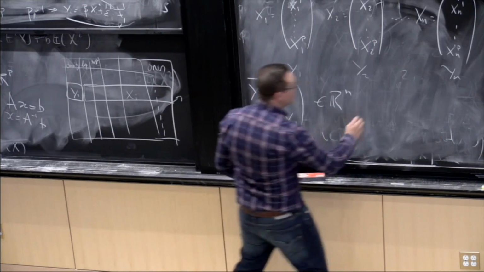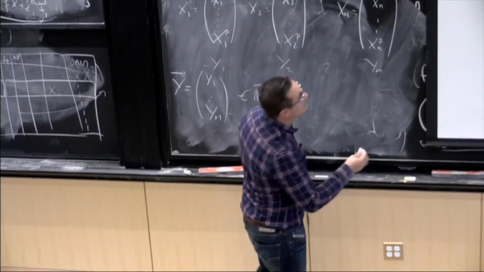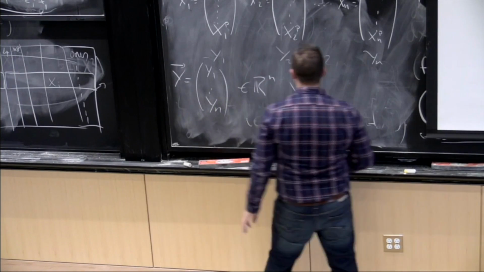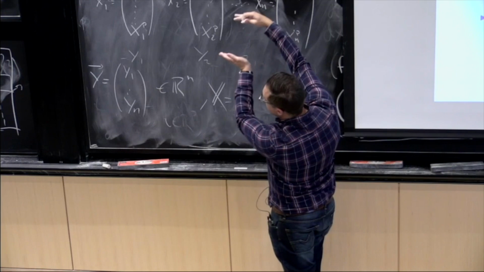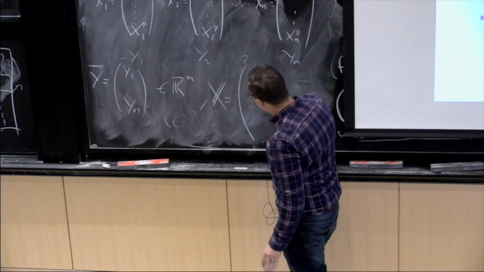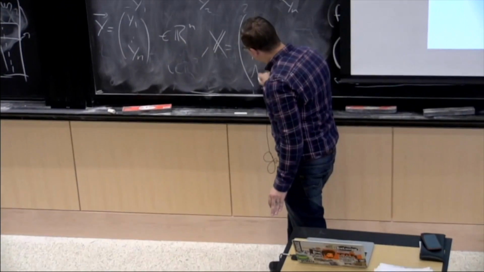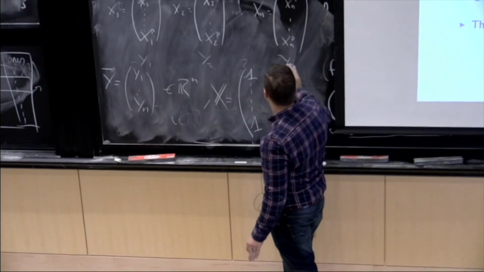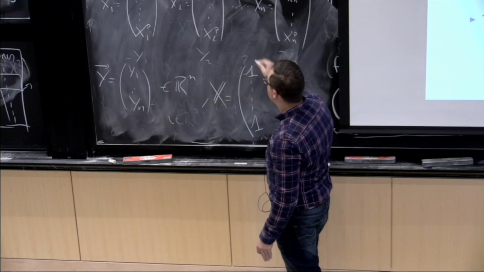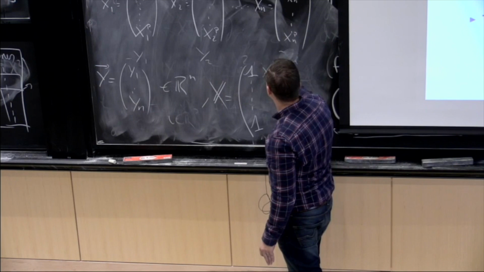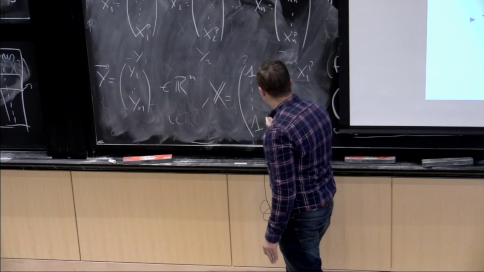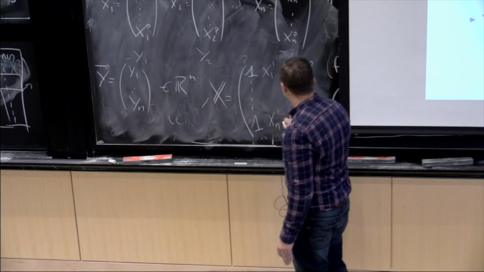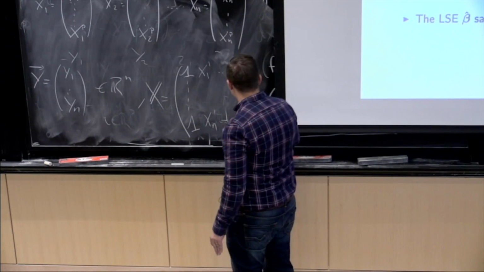OK, so I'm going to create a matrix, which here is typically denoted by X double bar. Since I'm taking those guys like this, the first column is going to be only ones. And then I'm going to have x1^1 to x1^p, and here I'm going to have xn^1 to xn^p.